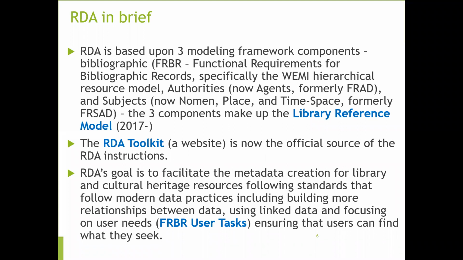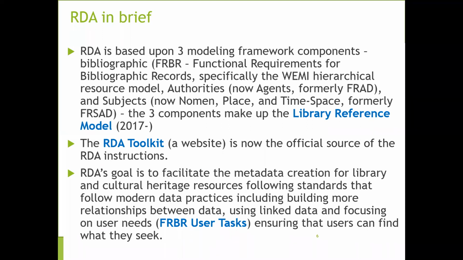What you need to know from all of that, a very quick overview, is that we have combined those 3 frameworks into one, and it's called the Library Reference Model, LRM. That was as of 2017-ish when it first started. We really have started to see this in the last couple of years show up, last year really.